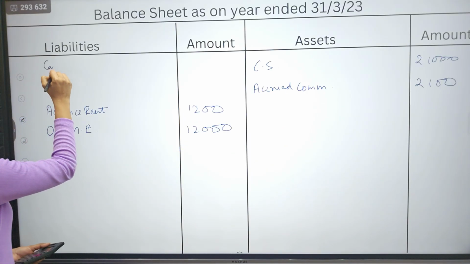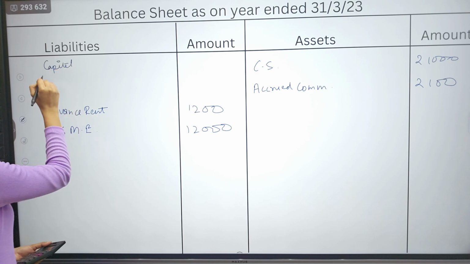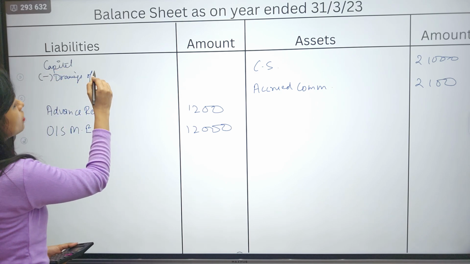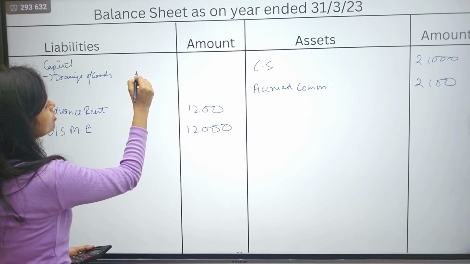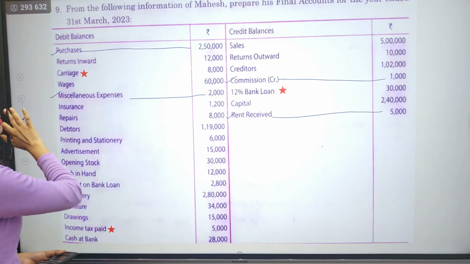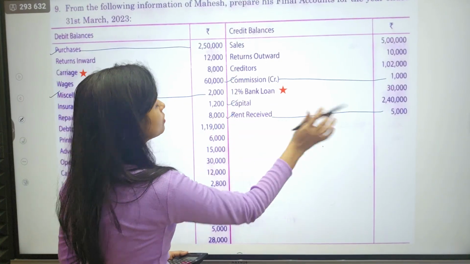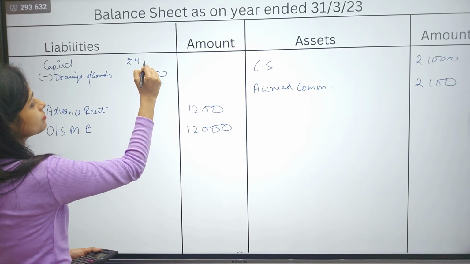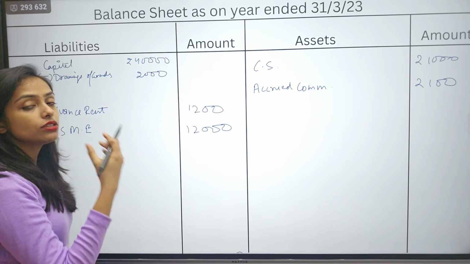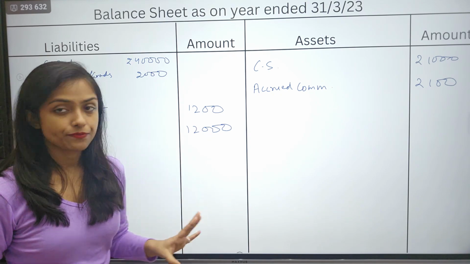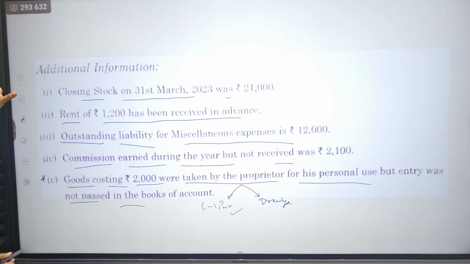If I write capital over here, then I will reduce drawings of goods, 2,000 rupees. Capital was 2,40,000. You can simply show it like this: from 2,40,000, 2,000 rupees of goods were taken away by the proprietor. Fine. All the adjustments are done now.